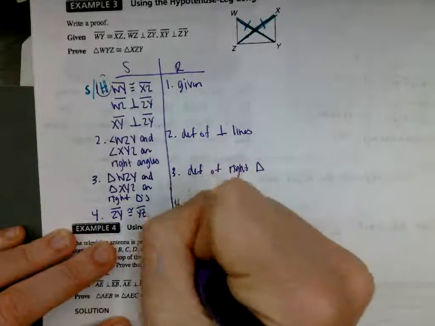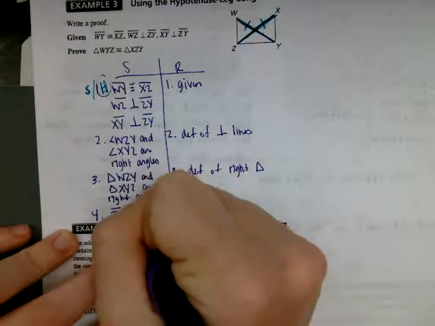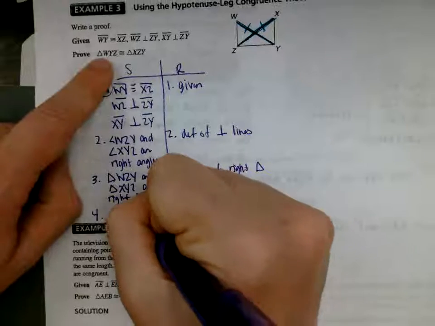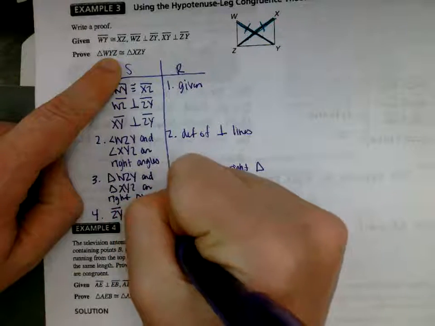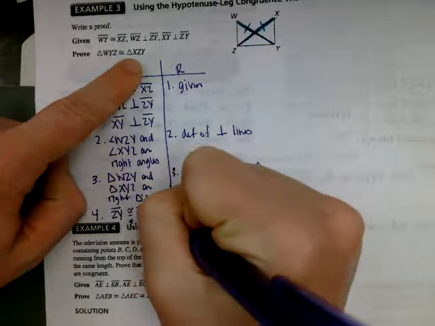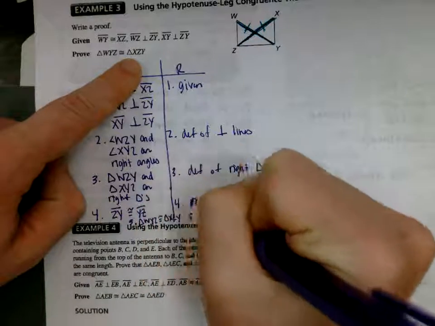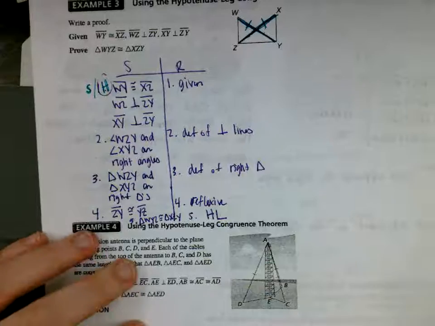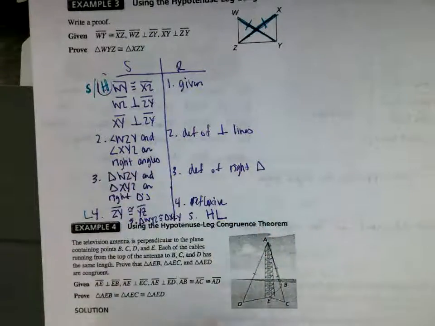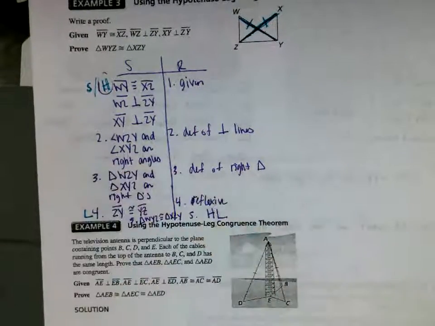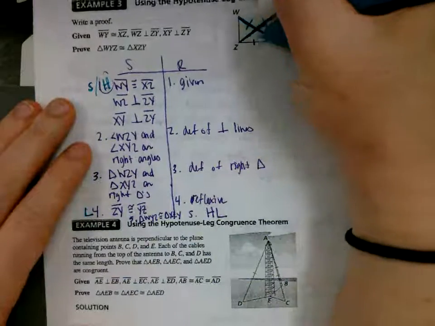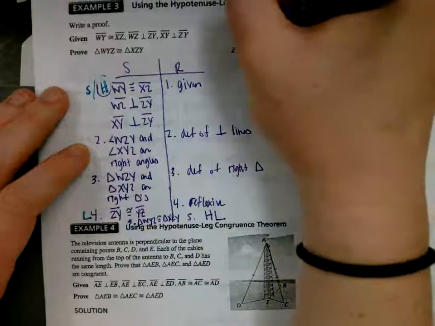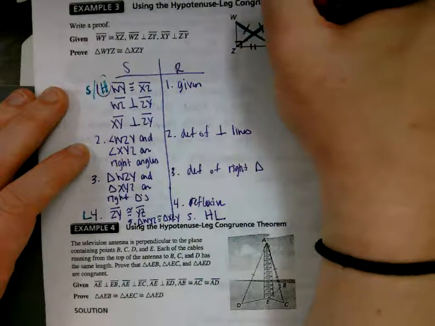So then in step 5, I'm just gonna write it really small right here so I don't have to make a new side. Triangle WYZ is congruent to triangle XZY, and your reason over here is HL, because this was my leg. I knew this was congruent to itself, and this made a right angle here and a right angle here.